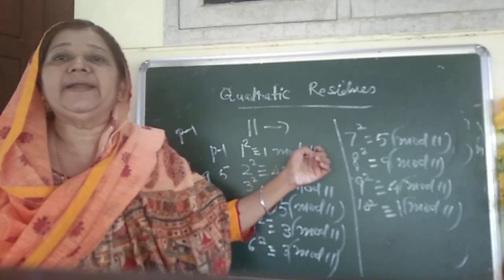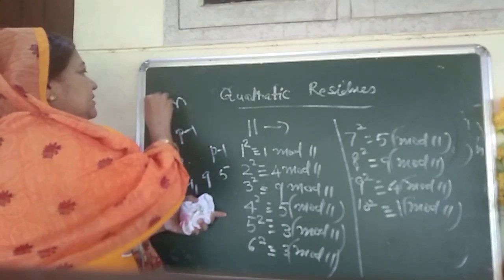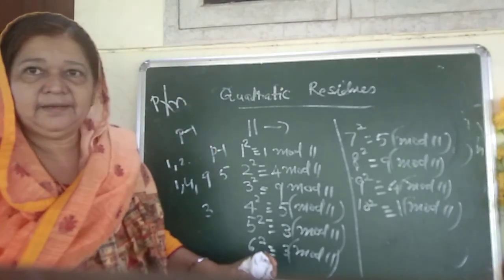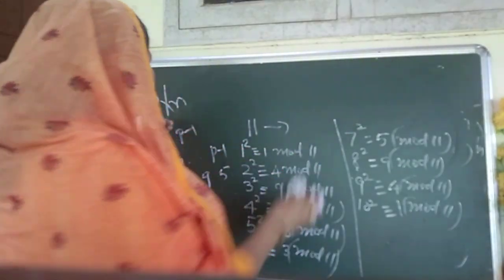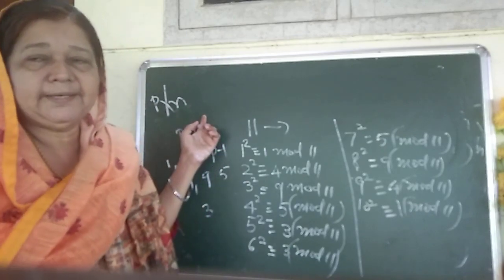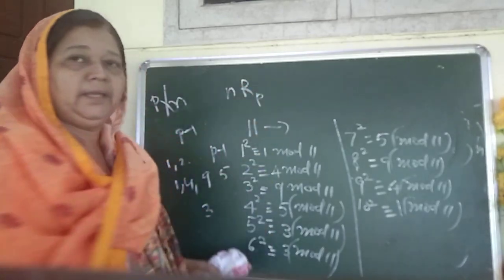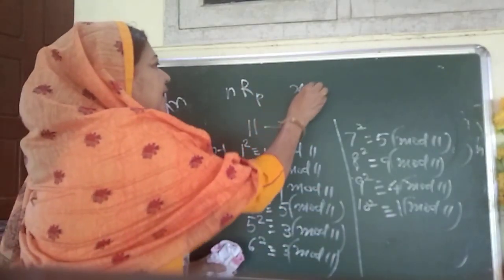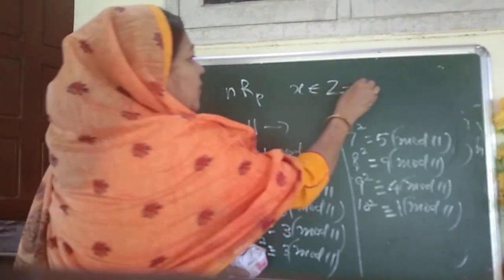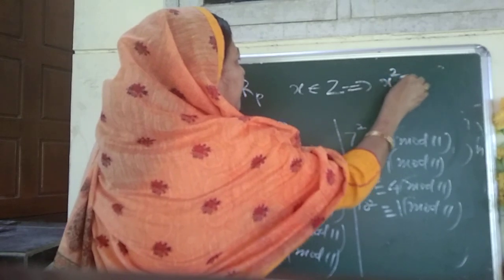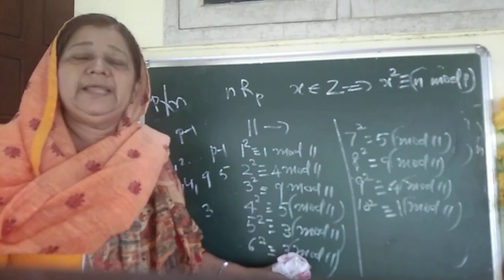So we can define quadratic residue. Let n be a number such that p does not divide n and p is an odd prime. Then n is said to belong to quadratic residue modulo p, and we denote it by n R p, if there exists an integer x such that x square is congruent to n mod p.